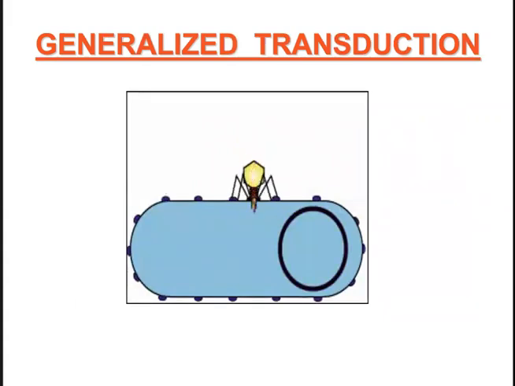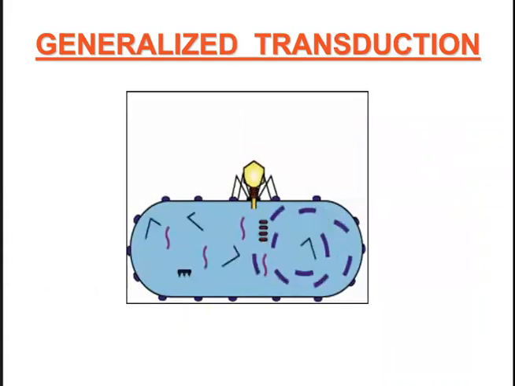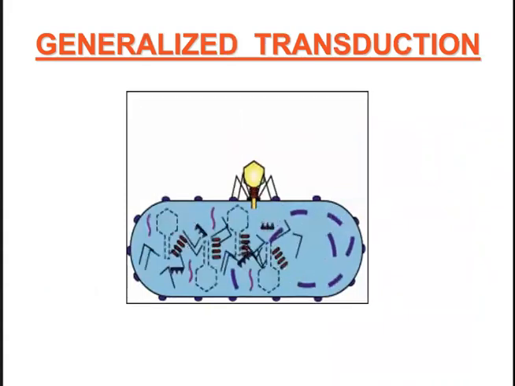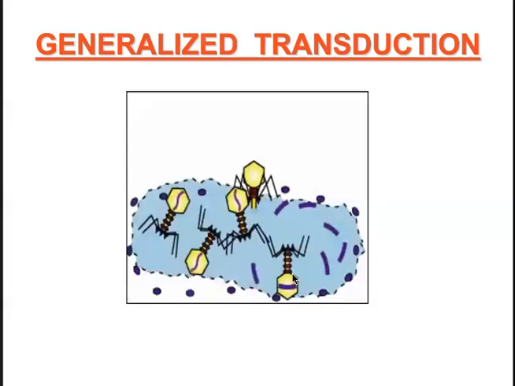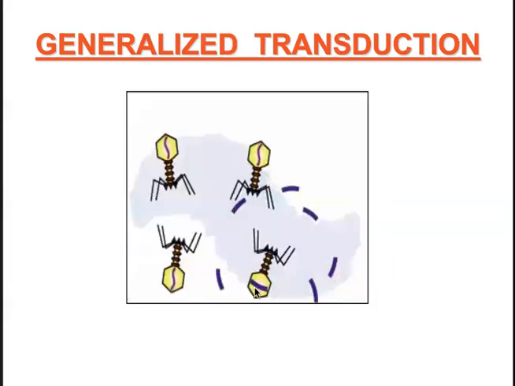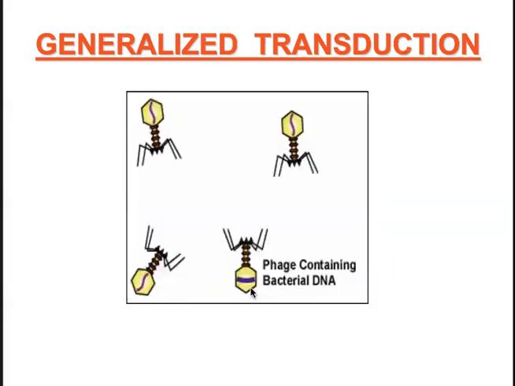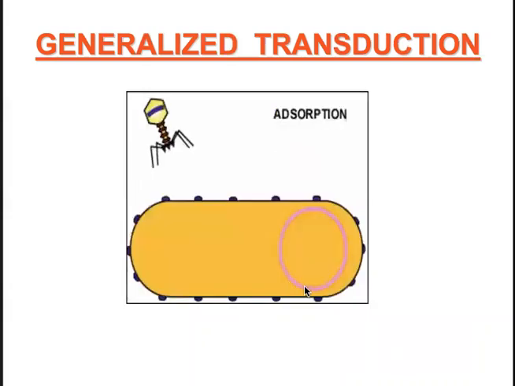Now, in generalized transduction, when the lytic phages replicate, the capsid sometimes assembles around a small fragment of the bacterial DNA, like this one. So they assemble around a genetic material that's not viral by nature, but rather bacterial.